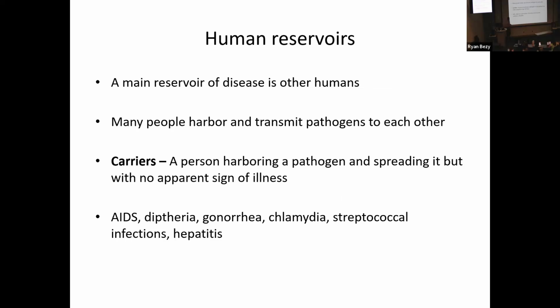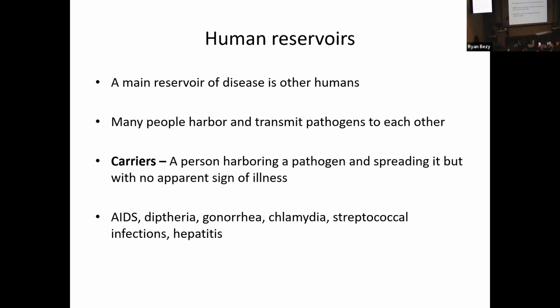This is particularly the case in carriers. A carrier is a person that's harboring a pathogen and spreads it, but with no apparent signs or symptoms of illness. So this is someone that has the pathogen in their body, they just don't know it. Okay? But they can still be spreading it around.